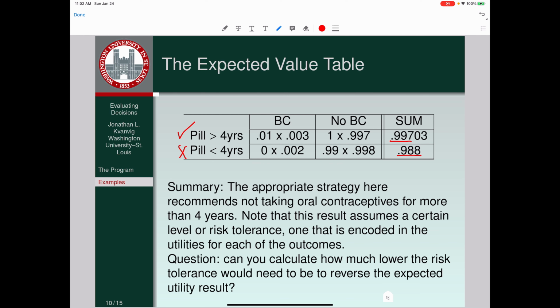So the decision matrix in place here says, yeah, I know taking the pill increases your risk of breast cancer, but not enough to matter. So I said it recommends not taking for more than 4 years. That's not correct. I just misread this bottom number here as 0.9988, which it isn't.